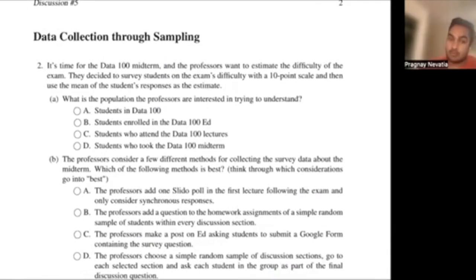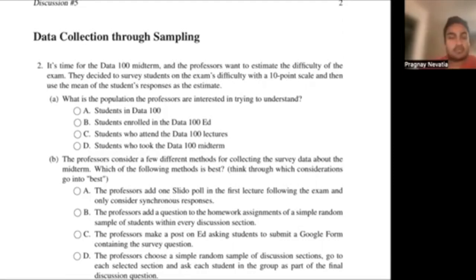So again, as usual, take a moment to think about this before I go over it. But I'm going to go ahead. Instead of me giving you the right answer, I'm just going to go over all the parts one by one. Since you're trying to estimate the exam's difficulty, students in the 100 might not be a great option because some students might be missing the midterm.